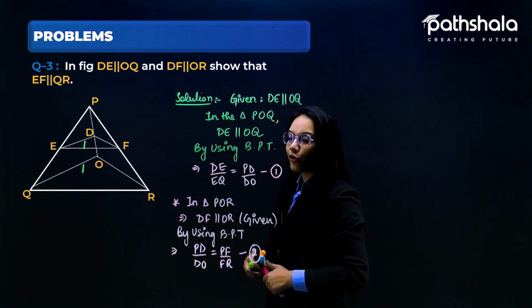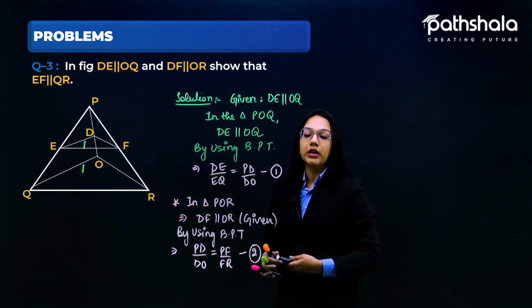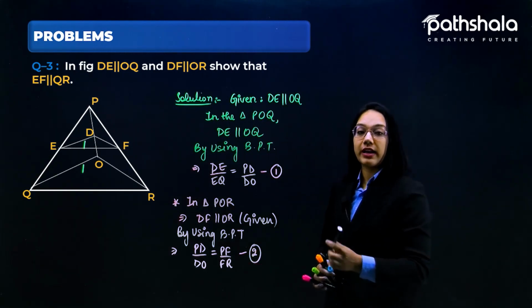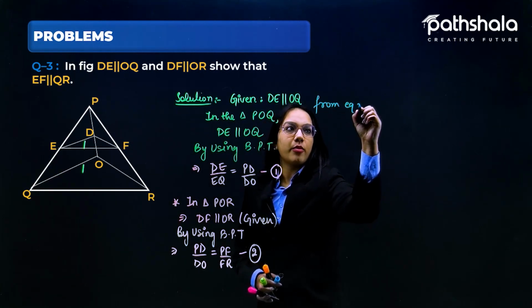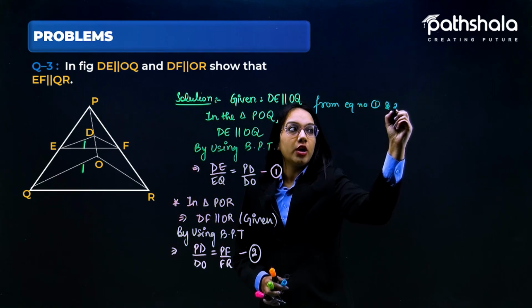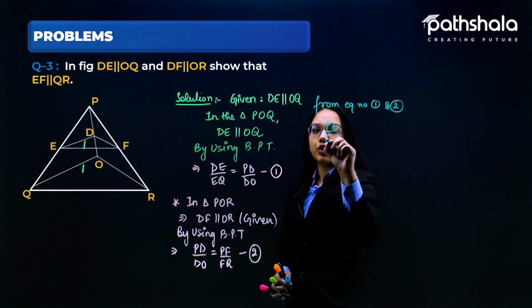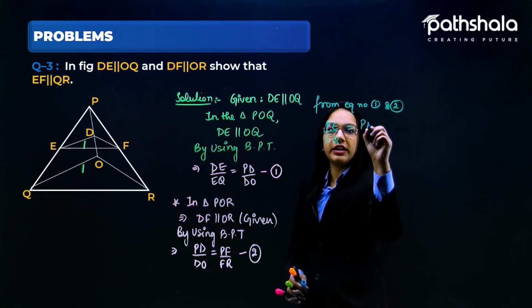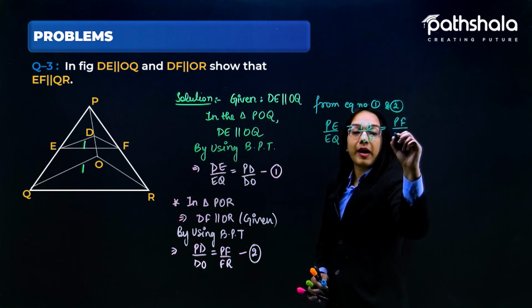Now from equation number 1 and equation number 2, we get a very important condition: PE by EQ is equal to PD by DO, which is again equal to PF by FR.